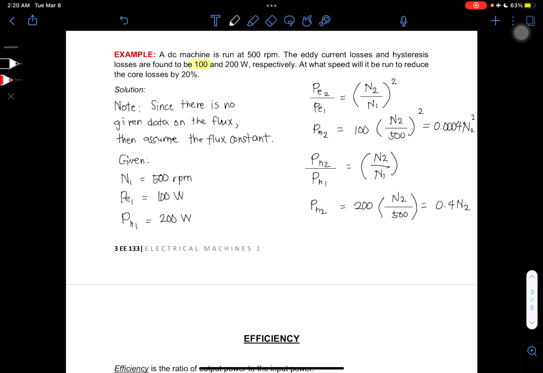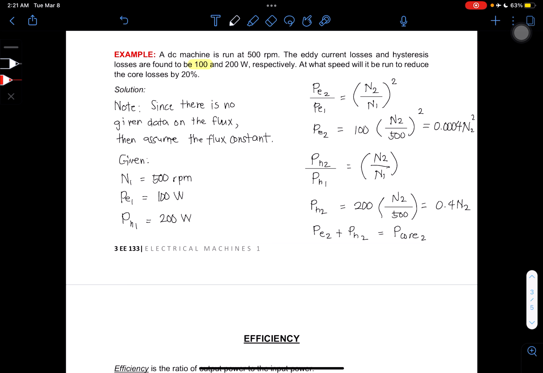So to solve for our N2, or the speed to reduce the core losses by 20%, we have our formula, P_E2 plus P_H2 is equal to the core losses for number 2.